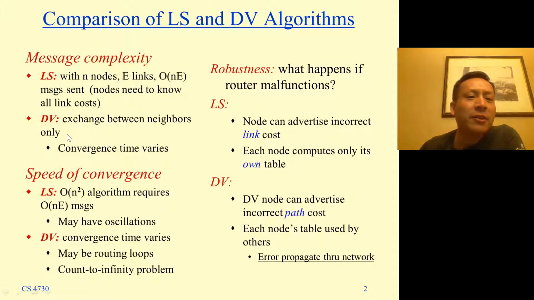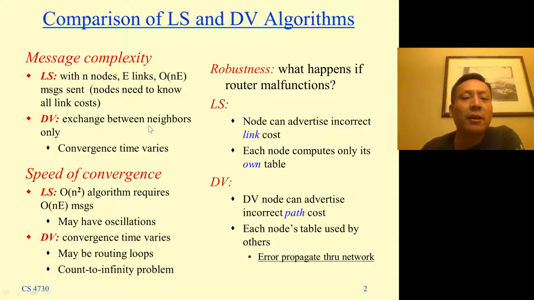For distance vector, the exchange between neighbors is kind of constant. If you see anything change, you have to recalculate your distance vector and propagate the new distance vector to your neighbors.